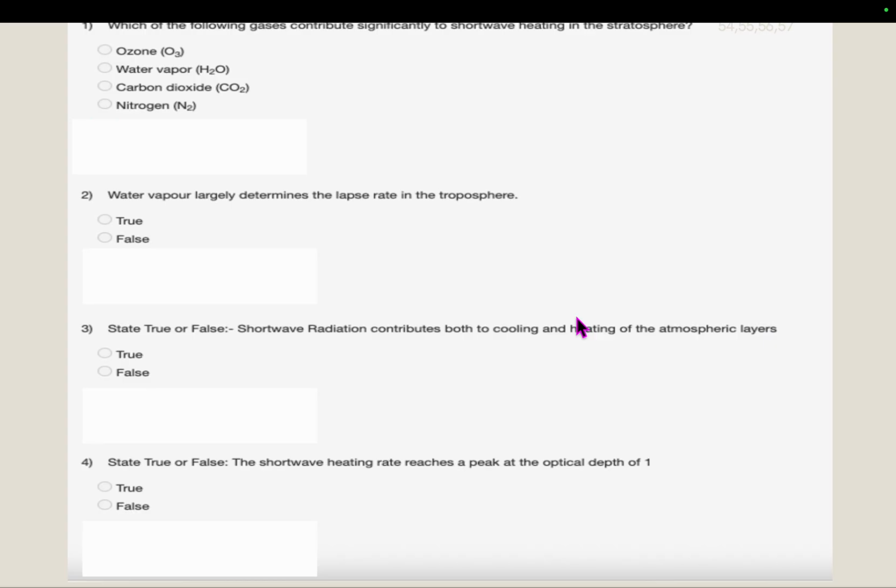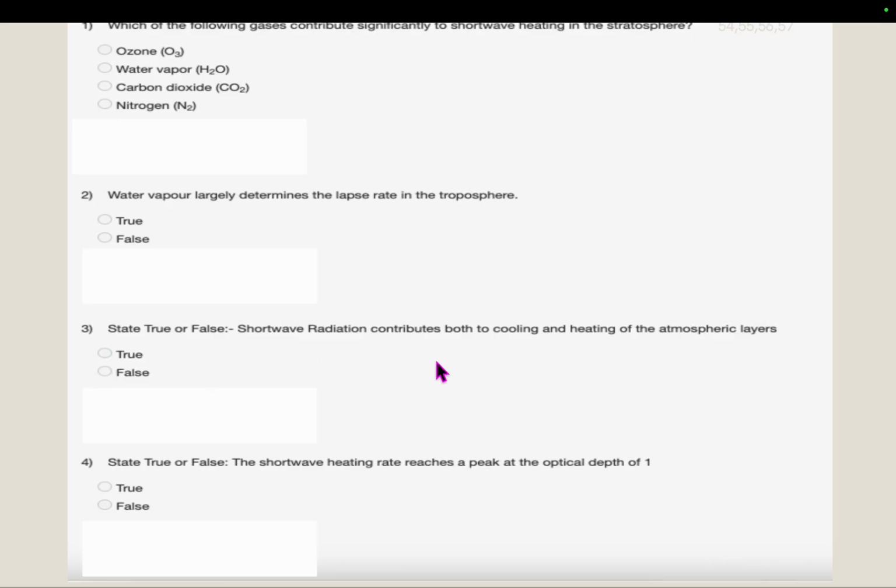Shortwave radiation only contributes to heating of the atmosphere. It has no effect in cooling, because cooling of the atmosphere is mainly done when some gas or molecules absorb the radiation or emit. The shortwave radiation is not absorbed by these molecules in that way. So the statement is false.